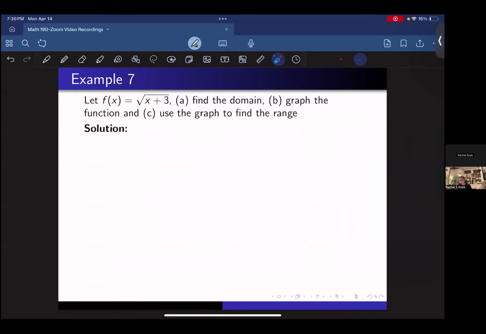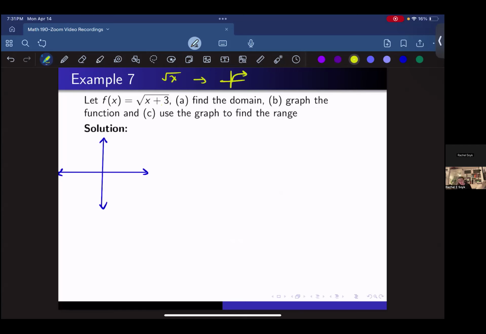Right, let's graph our f of x is equal to the square root of x plus 3. So again, our parent function is our whole square root of x. And you know that the square root of x is just going to look something like this.